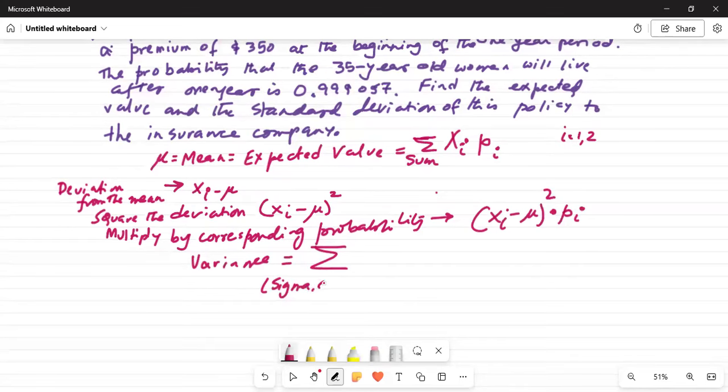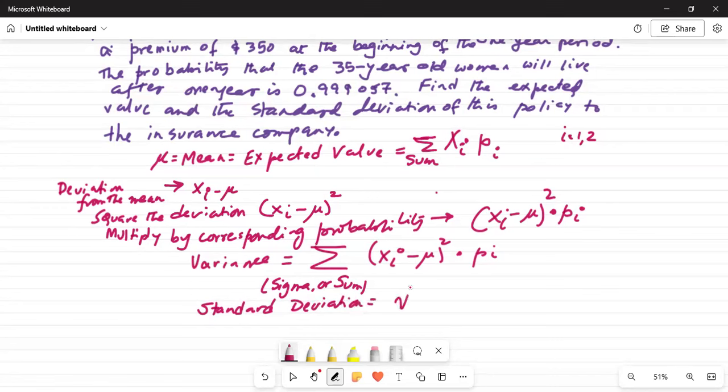Sigma is the Greek capital S. It is the sum of all the squares of the deviation times the corresponding probability. This is the deviation, this is the deviation squared times the corresponding probability, and you are adding them up. This gives you the variance, the square of the standard deviation. And what is standard deviation then? Standard deviation is the square root of variance.